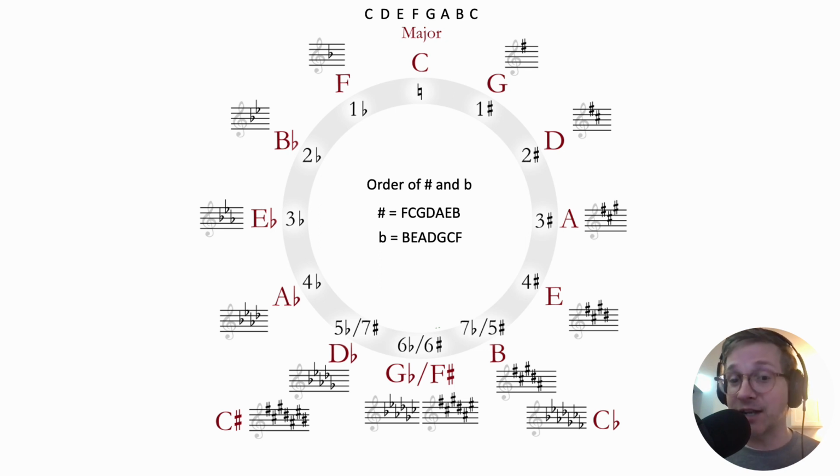Because there are 7 naturals, all 7 of these are natural, just like in C sharp, all notes are 7 sharps, and then in C flat, 7 flats. That's why I like to think of it as 7 naturals. You play that on any musical instrument, and you will get a C scale.